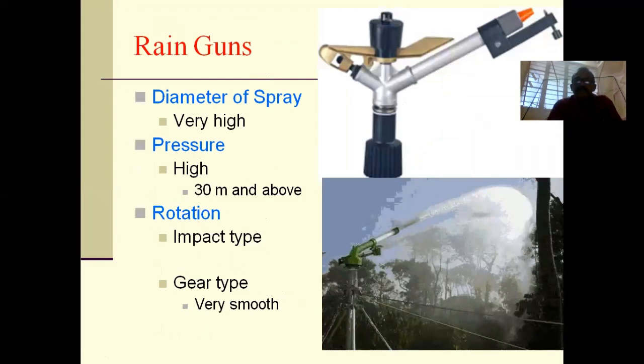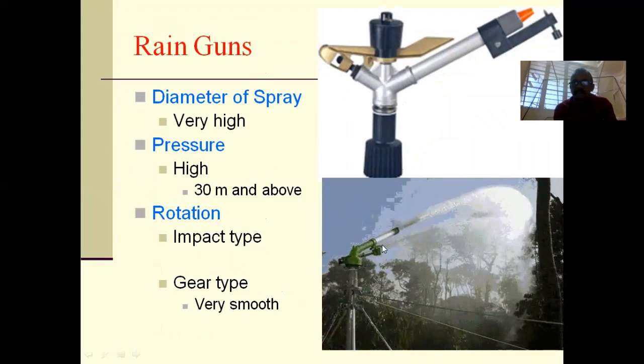And this is a special type of sprinkler called rain gun. Rain guns are not very much different. They are large sprinklers, that's all. And rain guns may be a single nozzle or a double nozzle. See here, this has two nozzles, a smaller nozzle and a larger nozzle.